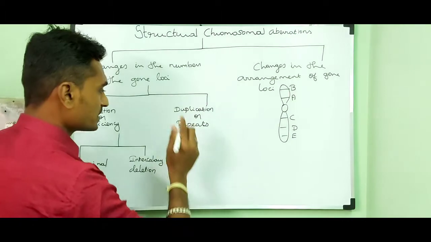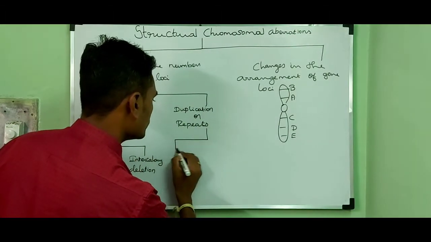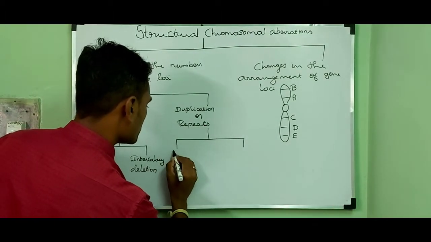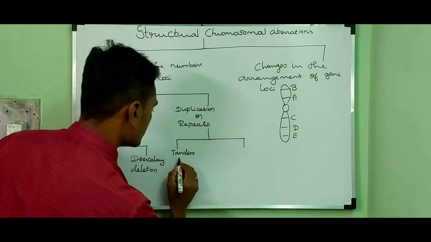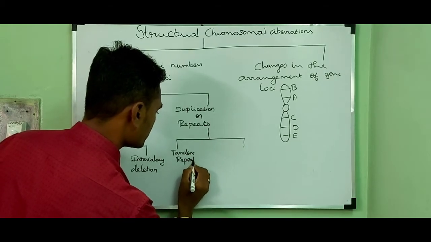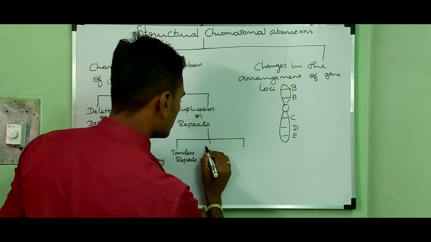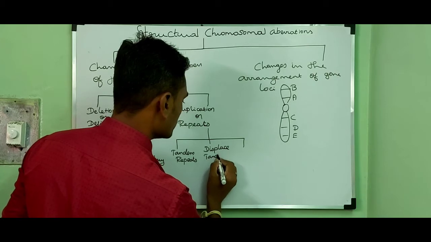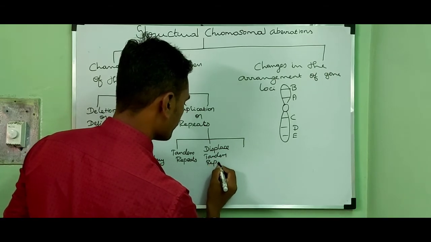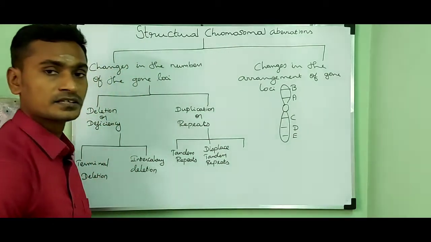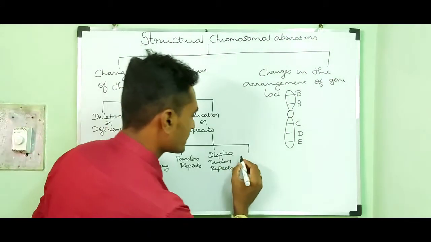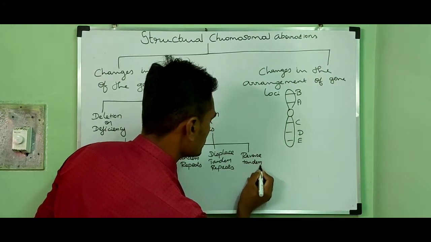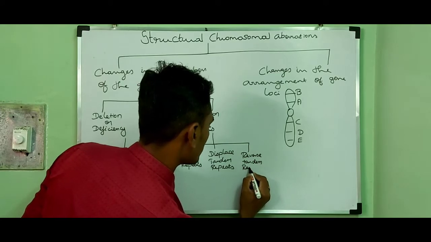Then duplication can be classified into three types. They are tandem repeats, displaced tandem repeats, and the third one is reverse tandem repeats or duplication.